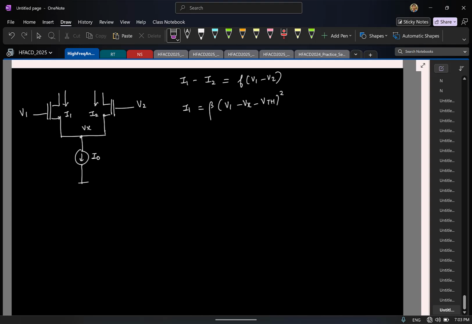Remember, in practice this is not usually power 2, it might be some power m where m can be less than 2, but for simplicity let's assume it to be 2. Similarly, what is I2? Same thing, but I have (V2 minus Vx minus Vth) square.